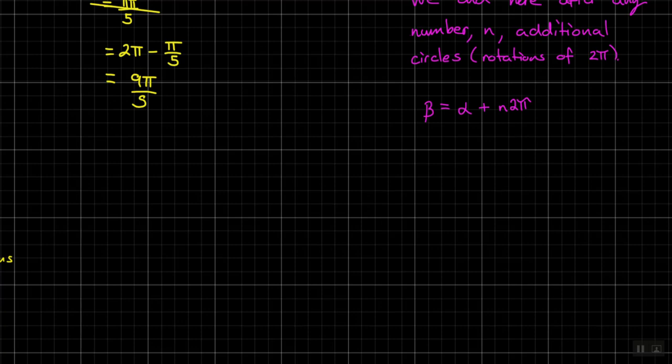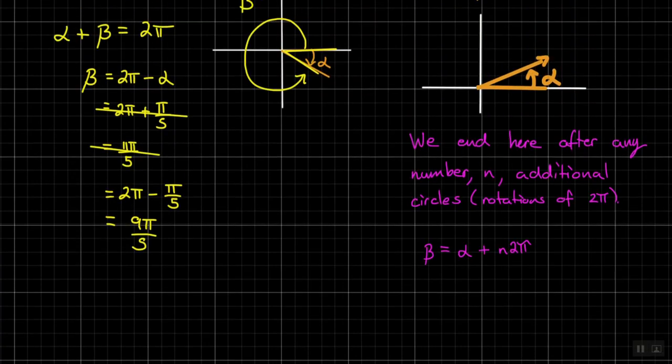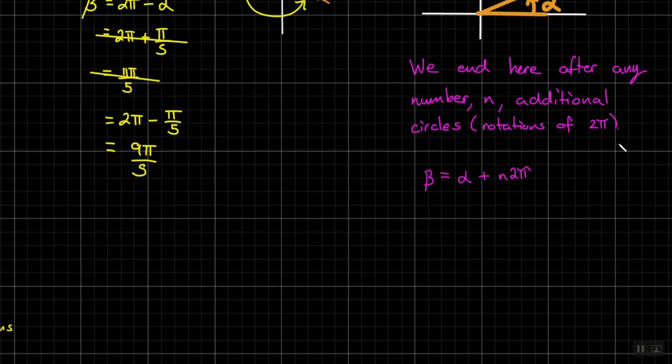All right, so let's try this. What do we say alpha was? It's pi sevenths. Now, there's an easiest number of rotations. What's the easiest possible number of rotations? How many full circles should we go further? 1's the easiest, right? So let's try to go 1 full circle. So I'll just make a note, 1 more circle. And I guarantee we end at the same spot because we're going just an additional circle.